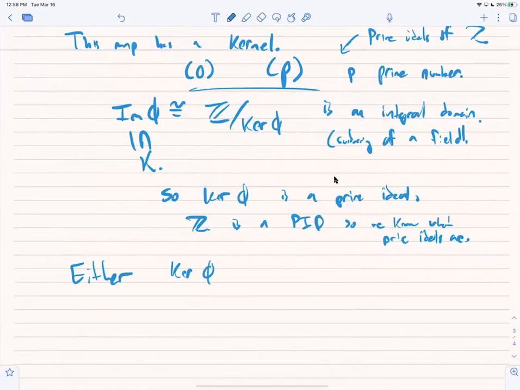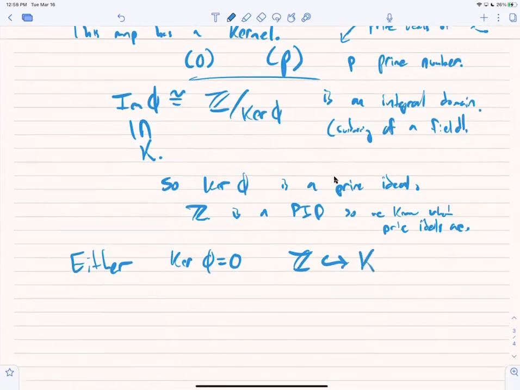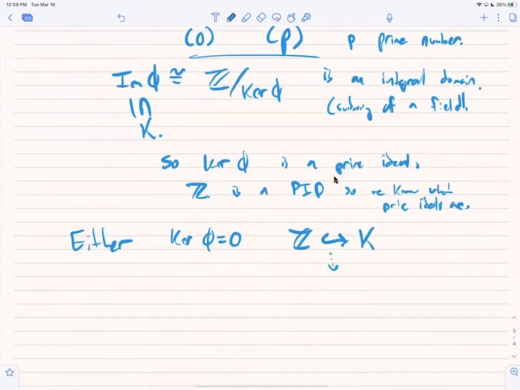well, if the kernel of phi is 0, then you have an injection from Z into K. But then by the definition of fraction field, or the universal property of localization, this extends to a map from Q to K. Q is the fraction field of Z, which just means you're localizing at the multiplicative set of all non-zero elements.